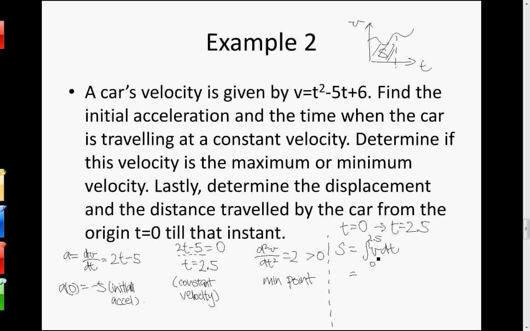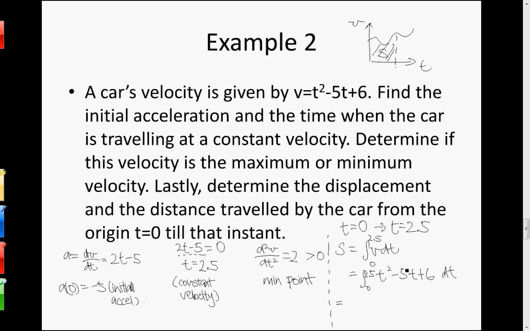Okay, so integrate v dt, and what I get is actually integrating this graph from 0 to 2.5. So I integrate t squared minus 5t plus 6, from 0 to 2.5, dt.